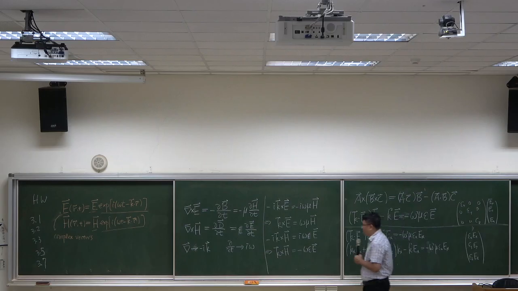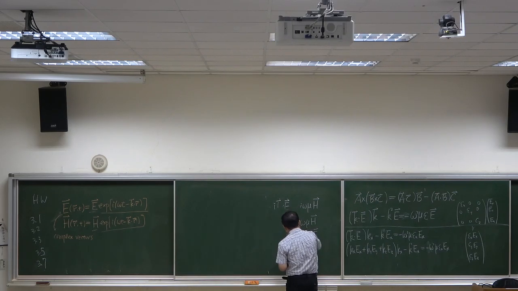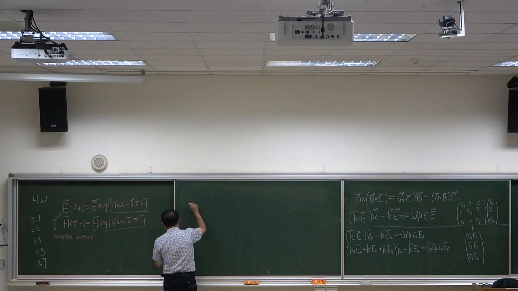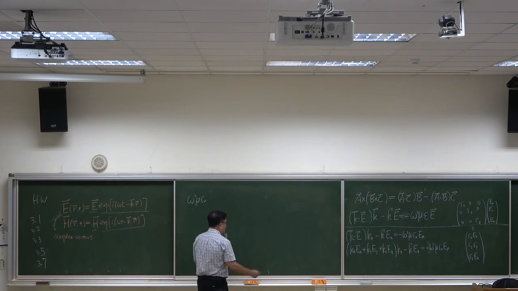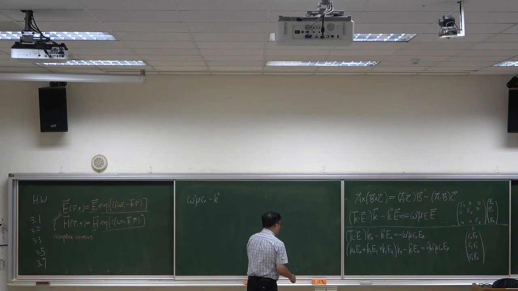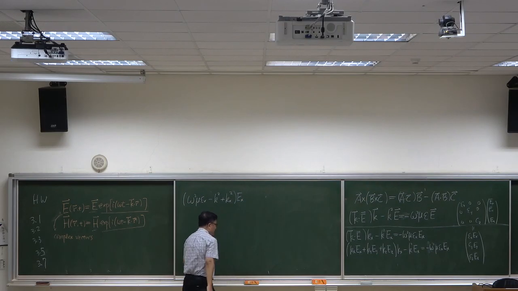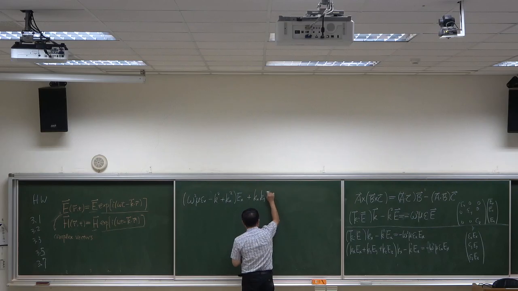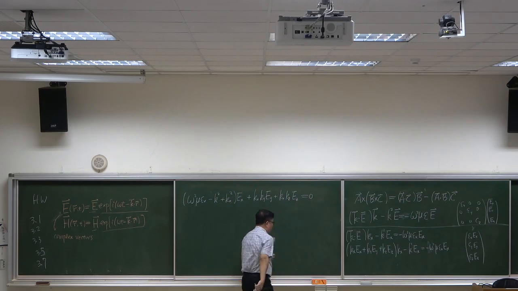So I can write this as omega squared mu epsilon x minus k squared plus kx squared times Ex plus ky times Ey plus kz times Ez equal to 0.